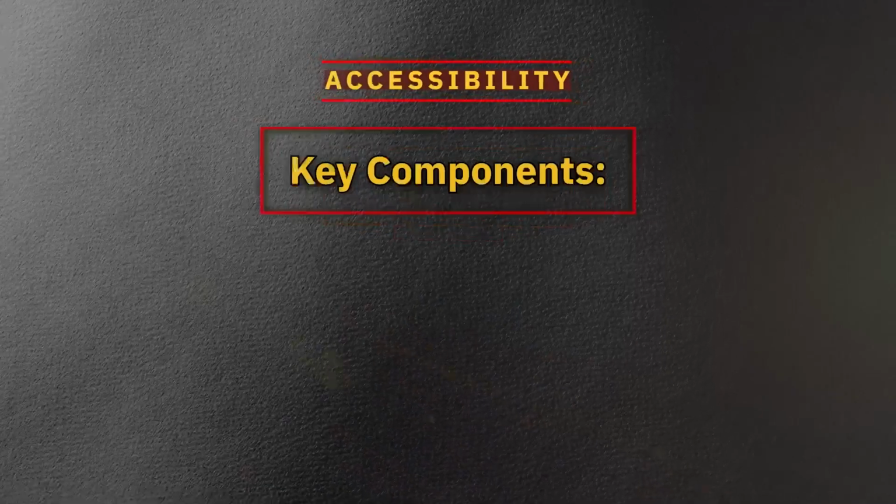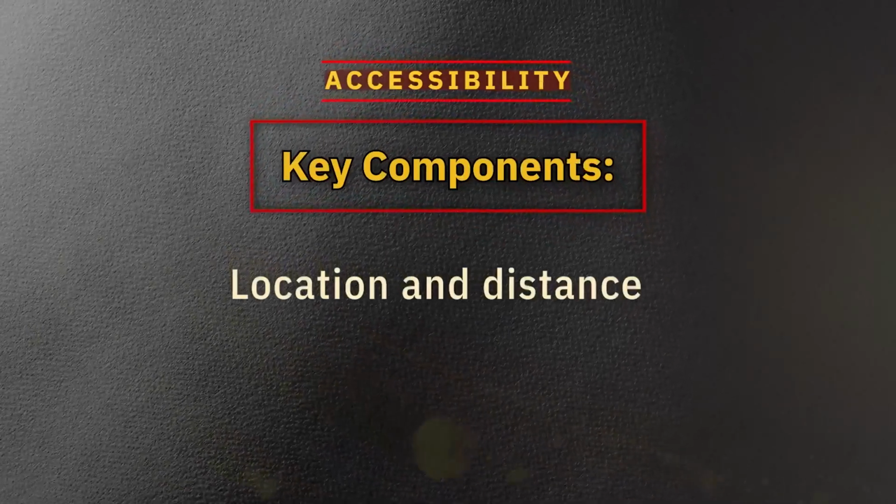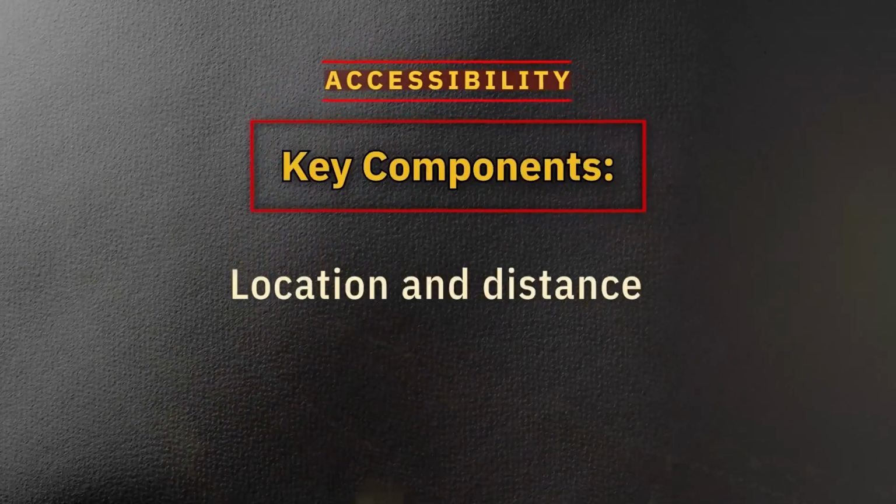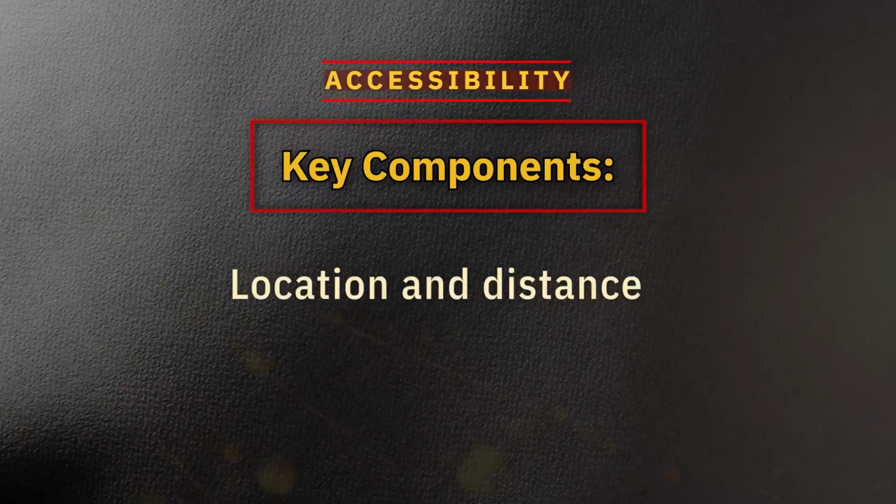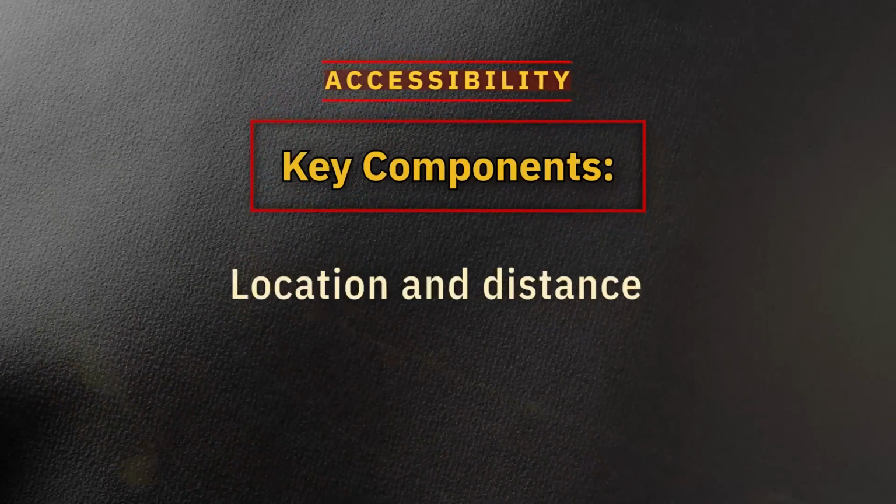So, accessibility is important. Important is location, important is distance. This may be horizontal distance, this may be vertical distance. Industries use those raw materials which are nearer. If the raw material distance is more, the industry would not profit because the transportation cost will be more. If the market is very far, the industry would not profit.